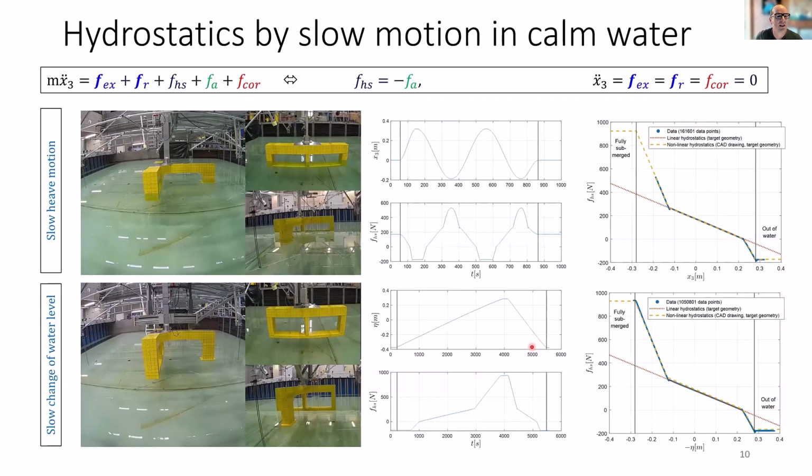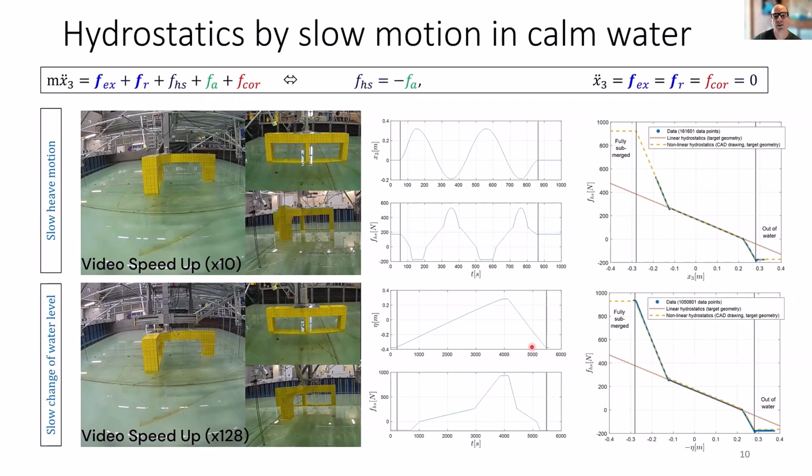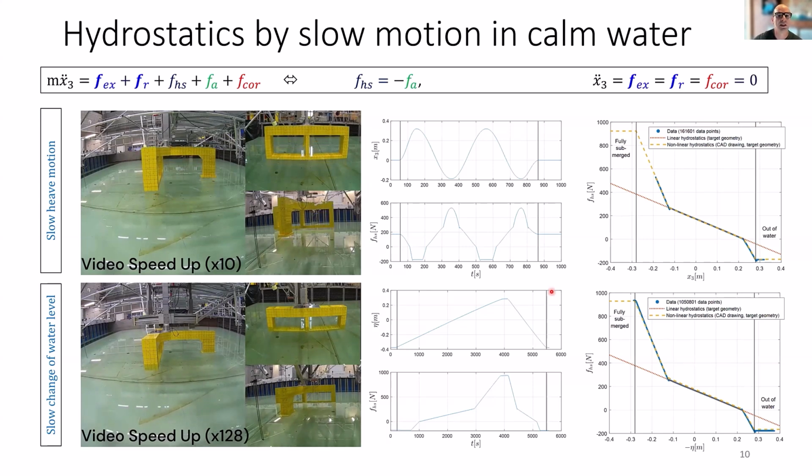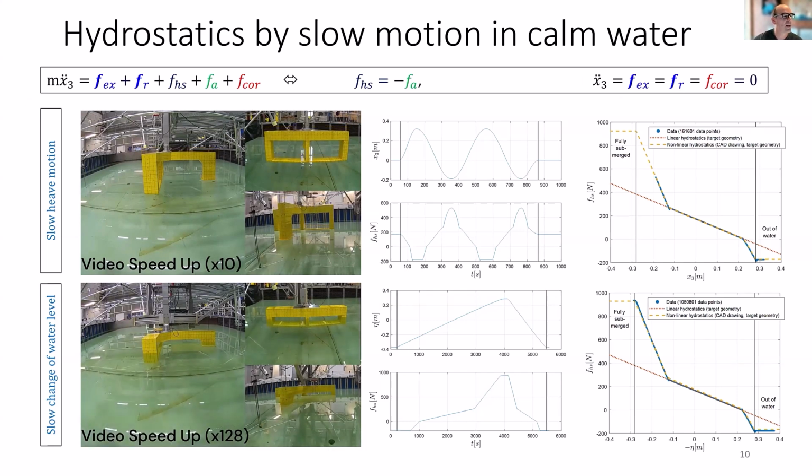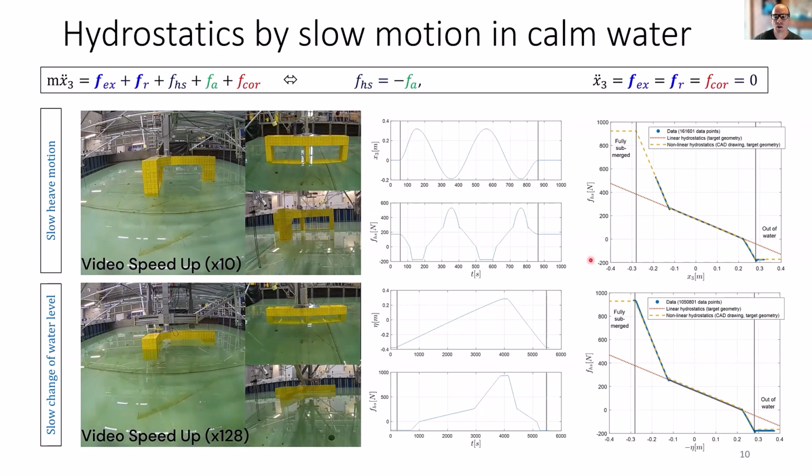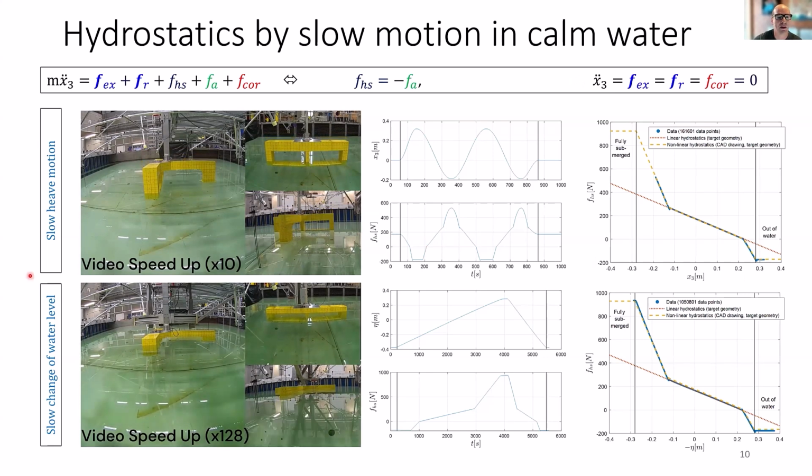The next simple test is a hydrostatic test, where the water line relative to the model is changed slowly. The change is so slow that the acceleration is negligible and there are no radiated waves. This can be done either by moving the platform slowly, as I've done here on the top, or by draining or filling the basin slowly, as done here in the bottom.